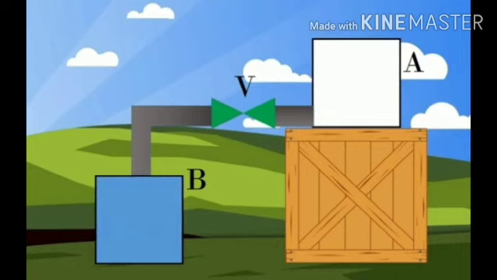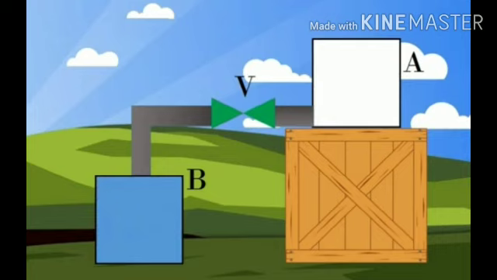You can see all the water from tank A flows to tank B. As you see, the valve is still open, but water is not flowing from B to tank A. Can you tell me, students, why this happened?